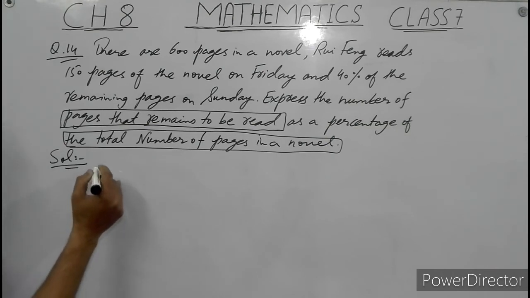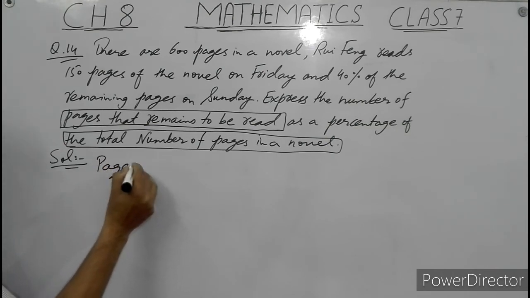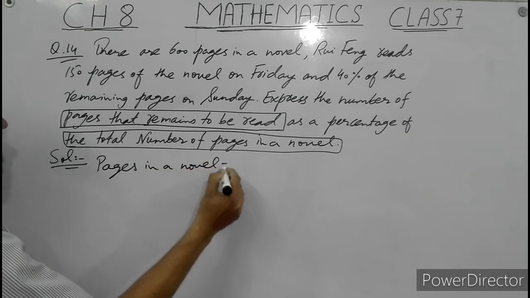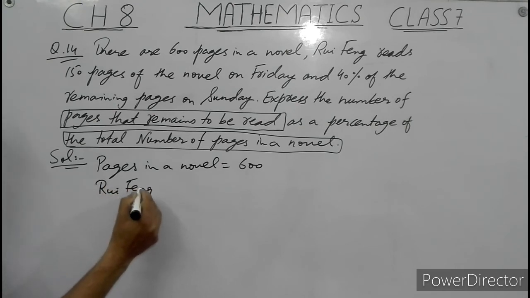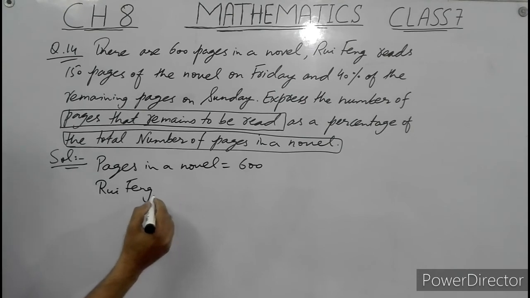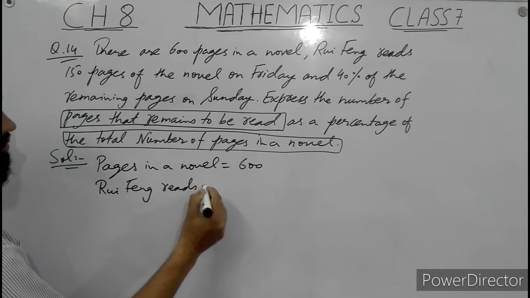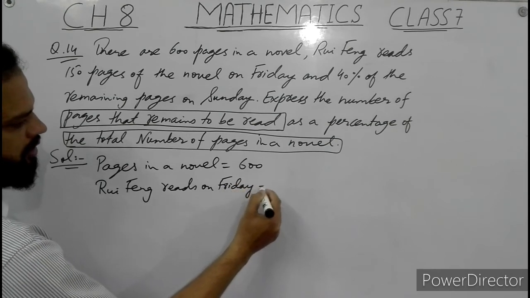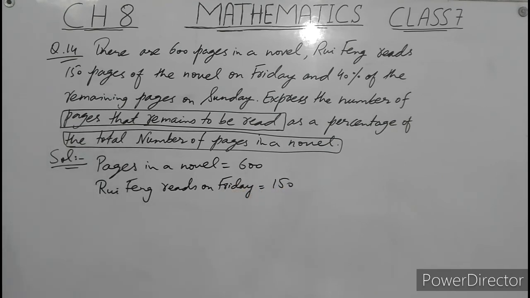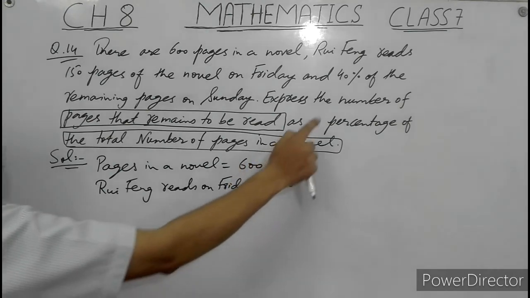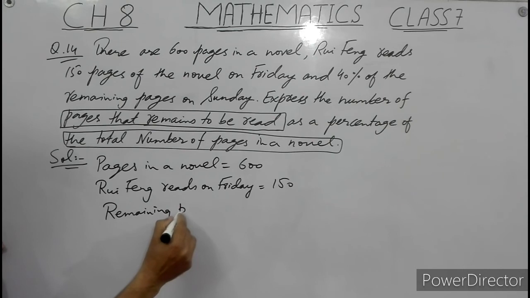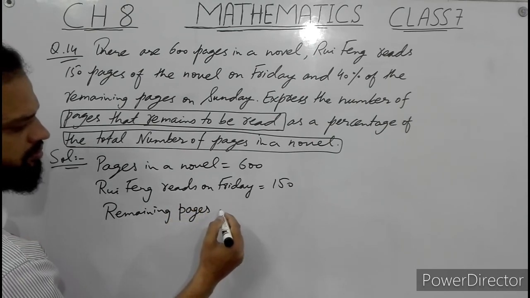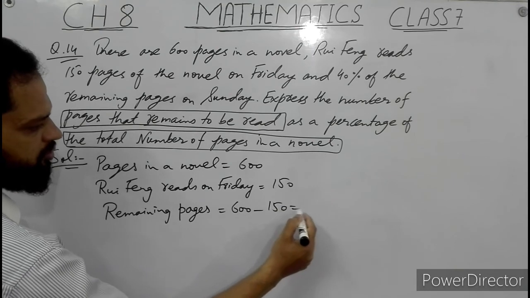Now I start. Total pages in the novel: 600. Rui Feng reads on Friday 150. Now remaining pages will be 450, because we have to find 40% of the remaining pages on Sunday. Remaining pages after Friday: 450.